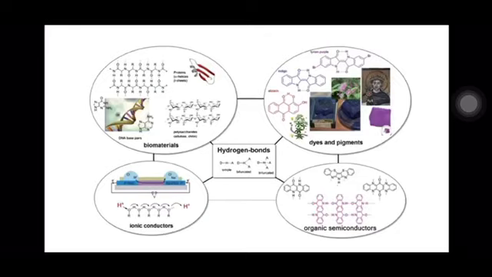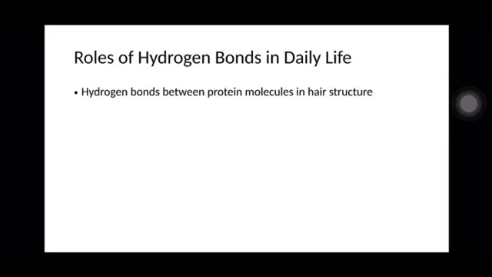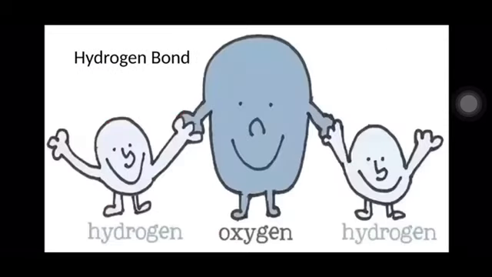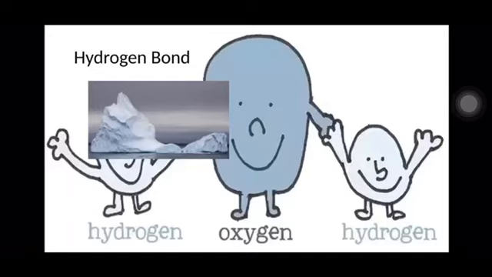Another example that is quite popular that uses hydrogen bond is biomaterial. Dalam biomaterial, DNA base pairs kita, dyes, pigment, semuanya benda-benda ni ada hydrogen bonds. Ionic conductor, organic semiconductor, semua benda-benda ni use the concept of hydrogen bond. So back to my previous question: kenapa iceberg walaupun dia besar, dia boleh float underwater?